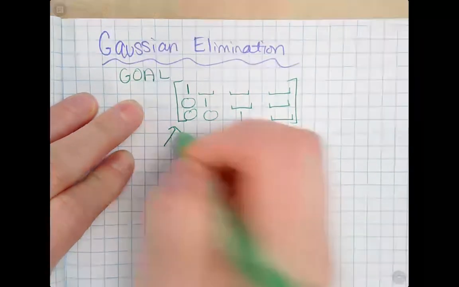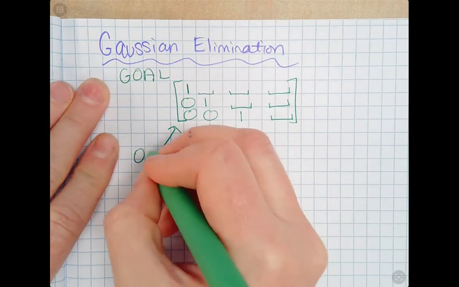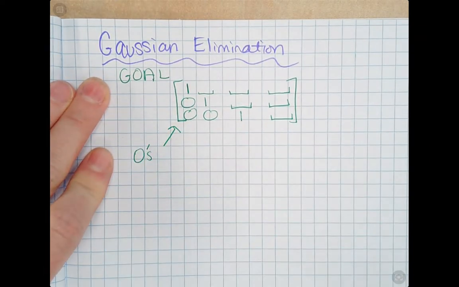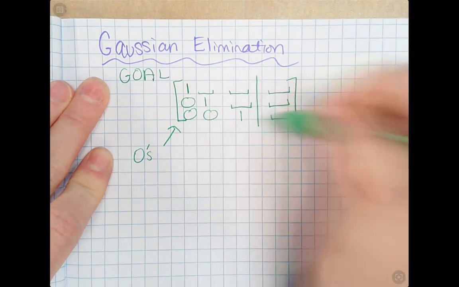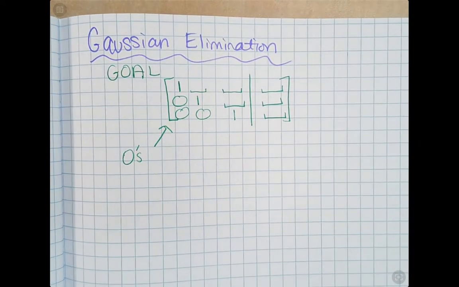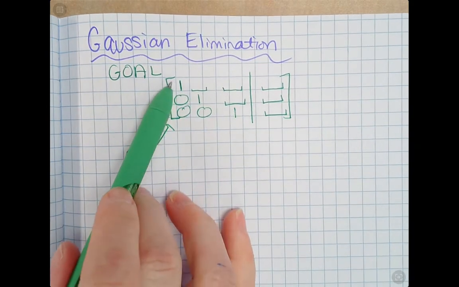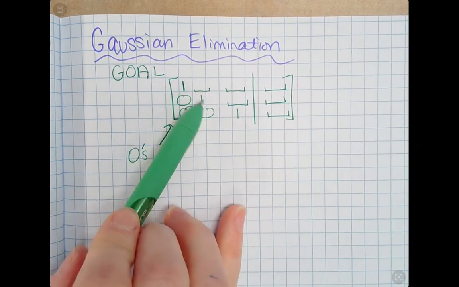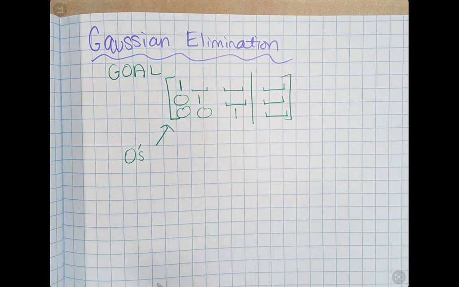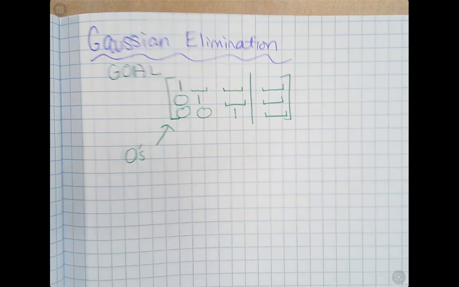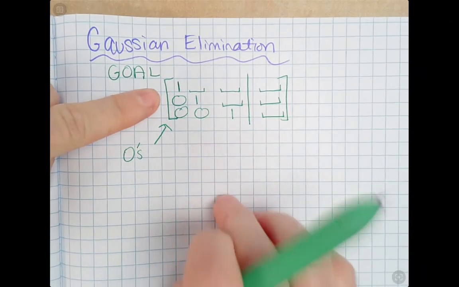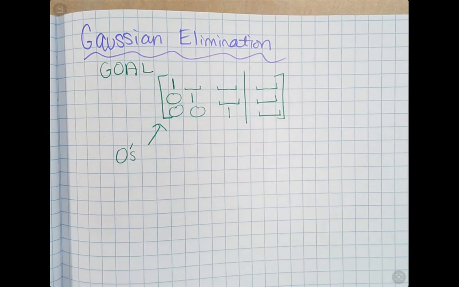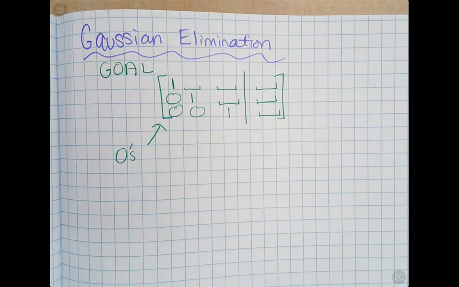See how this bottom corner is zeros? That's our goal. And then our diagonal, because if we look at it like that with the line separating the equals, the diagonal right here is all ones. So that is our goal. We are going to do row operations to get it to look like this. Okay, y'all ready?